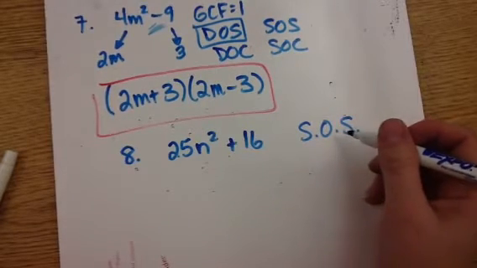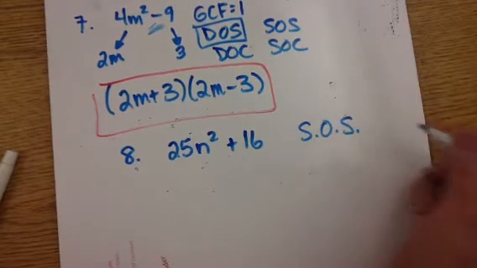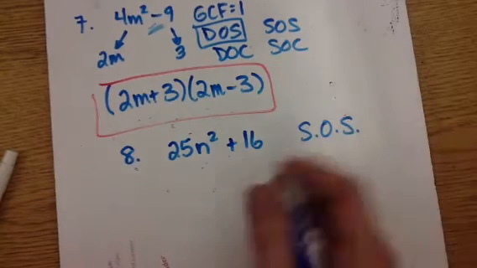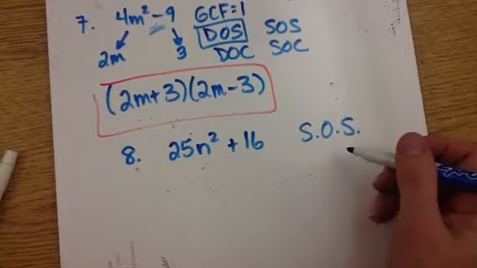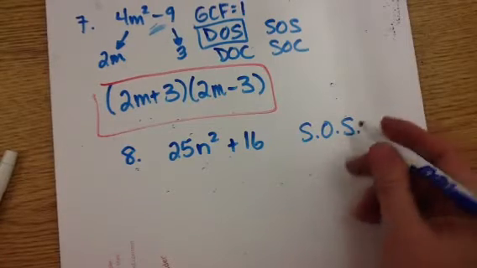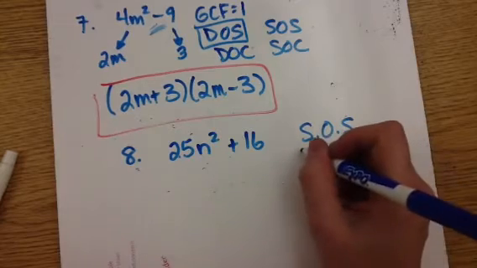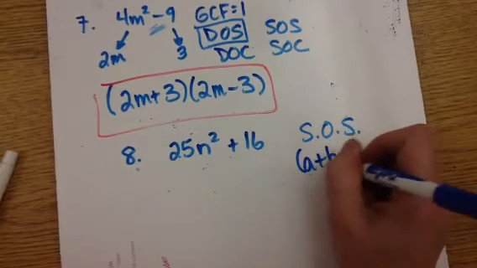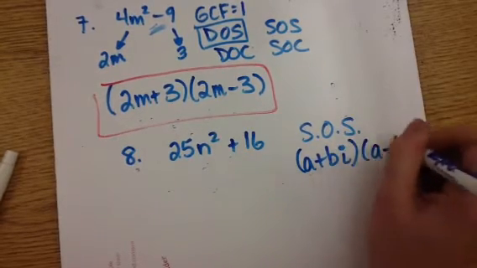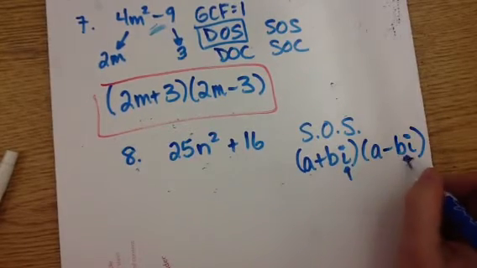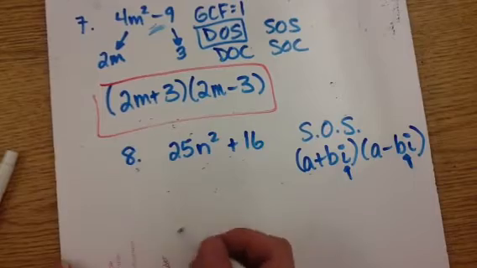So it just reminds me of pirates. So when I see SOS, I think some pirates are attacking our ship, and then we say send out an SOS, and it's aye aye captain. So SOS is the one that has A plus Bi, A minus Bi. There's the i. So in SOS, it's the i ones.